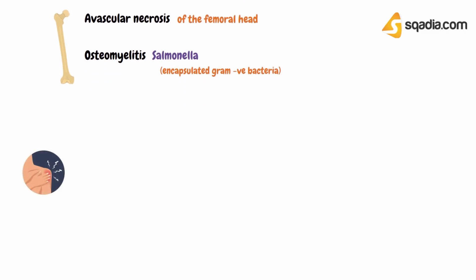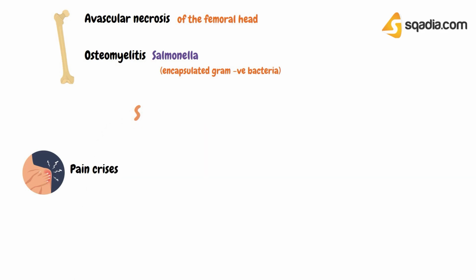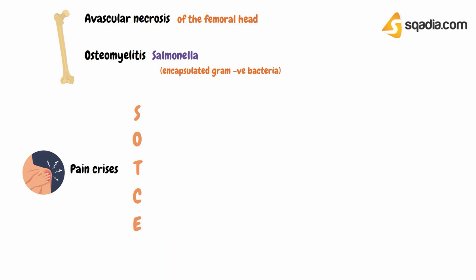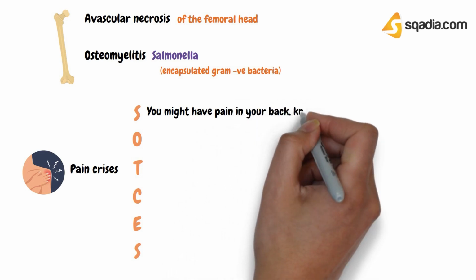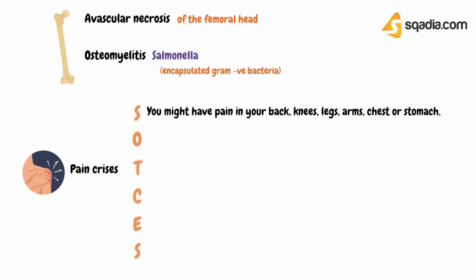And then we also have pain crises in patients with sickle cell anemia. So to help you understand better, we'll use the modified SOCRATES criteria to explain the characteristics of the pain. So S for site, you might have the pain in your back, your knees, your legs, arms, chest, or stomach, so pretty much anywhere.